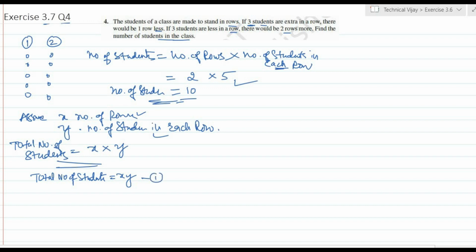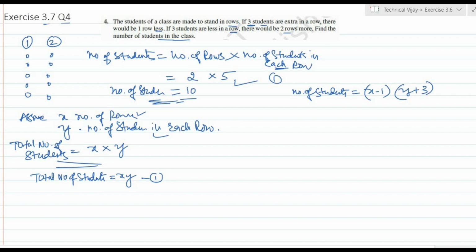So now we will analyze situation number 1. Situation 1 is, if 3 students are extra in a row, there would be 1 row less. So the number of students is equal to, 3 students are extra, that is y plus 3, and 1 row will be less, that is x minus 1.